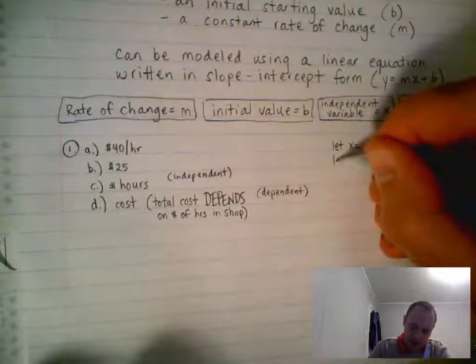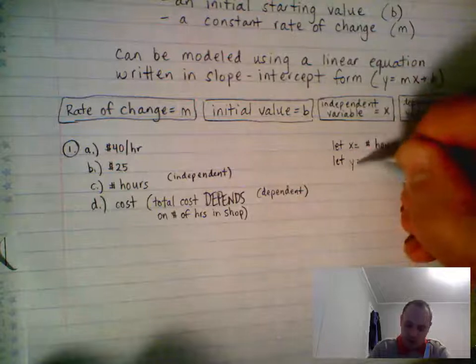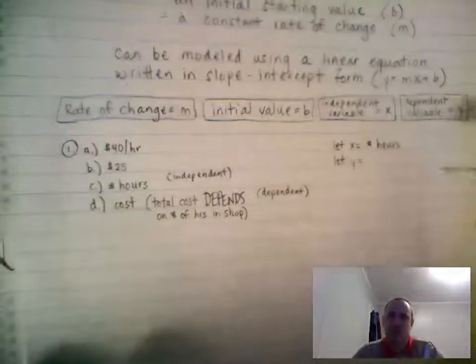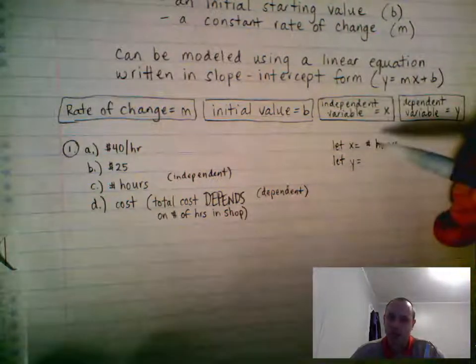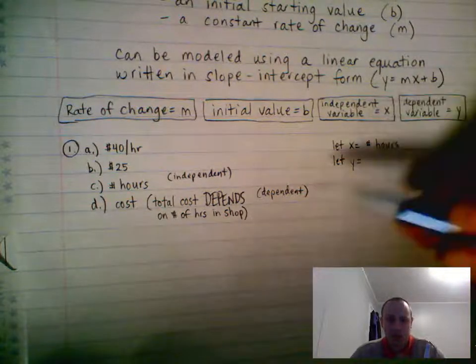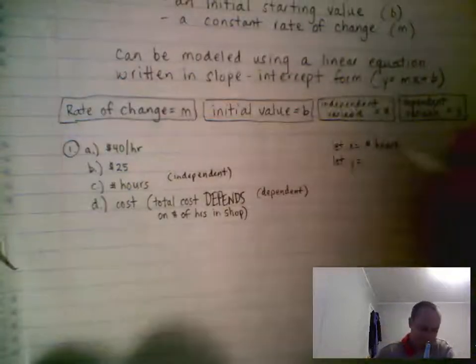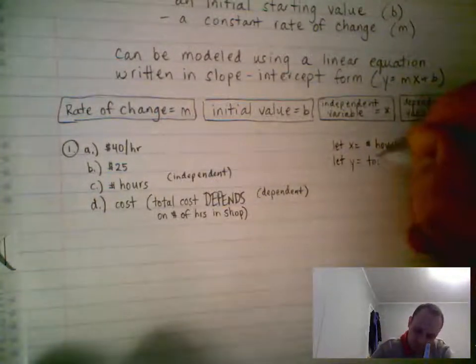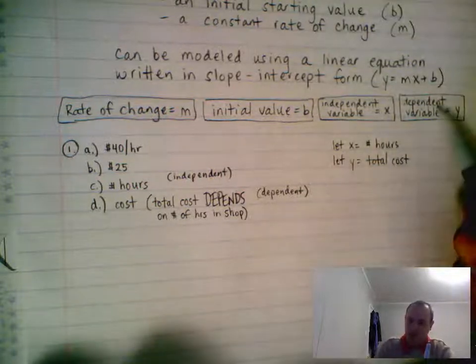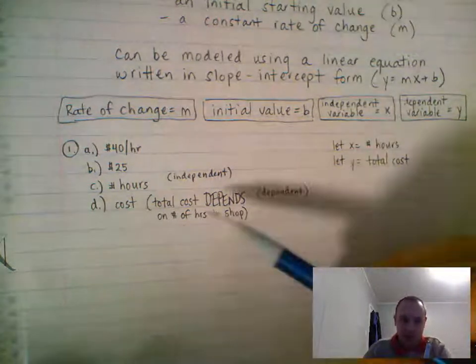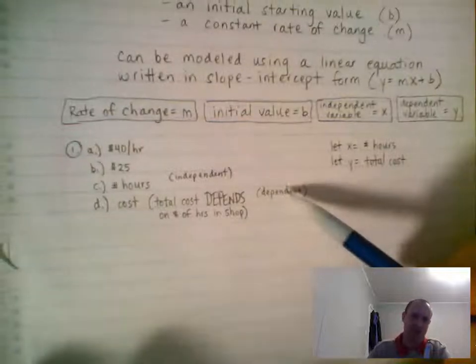And then let y equal, you may have to pause this video if I'm going too fast and rewind, let y equal the cost. Because y is the dependent variable and the cost we determined was the dependent variable.